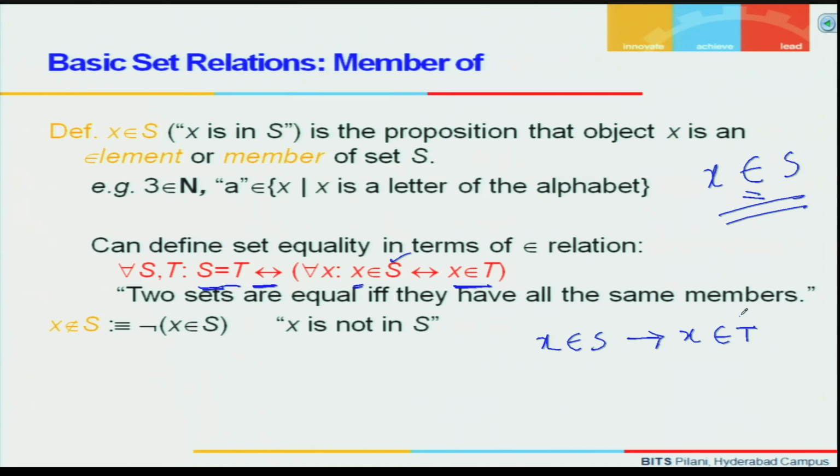And similarly, you take any element in T, that element should be there in S as well. When these two conditions are happening, then I say the two sets are equal, otherwise not.